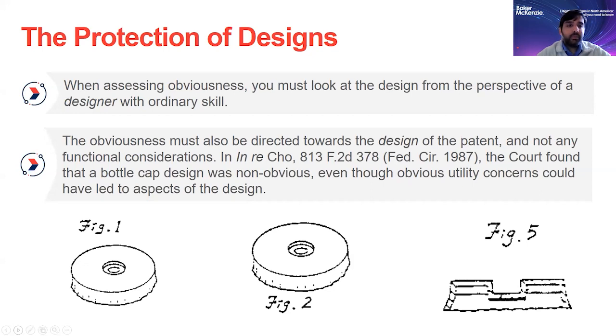So with obviousness, you must look at the design from the perspective of a designer with ordinary skill. And here, I just wanted to add a practical point with regard to obviousness without getting into how it's defined under the design patent laws. When prosecuting design patents, non-obviousness is much easier to achieve when compared to utility patents.